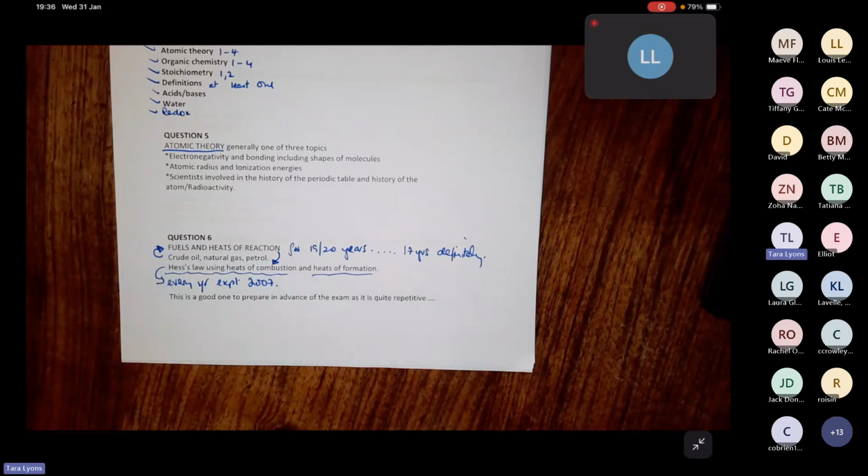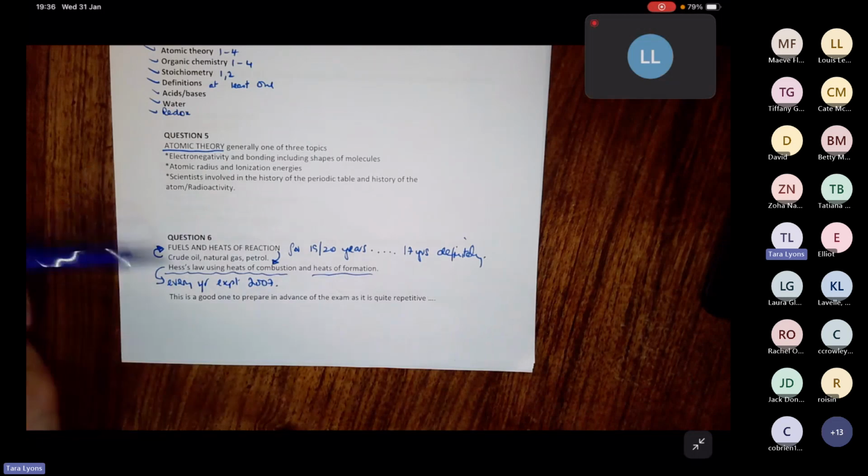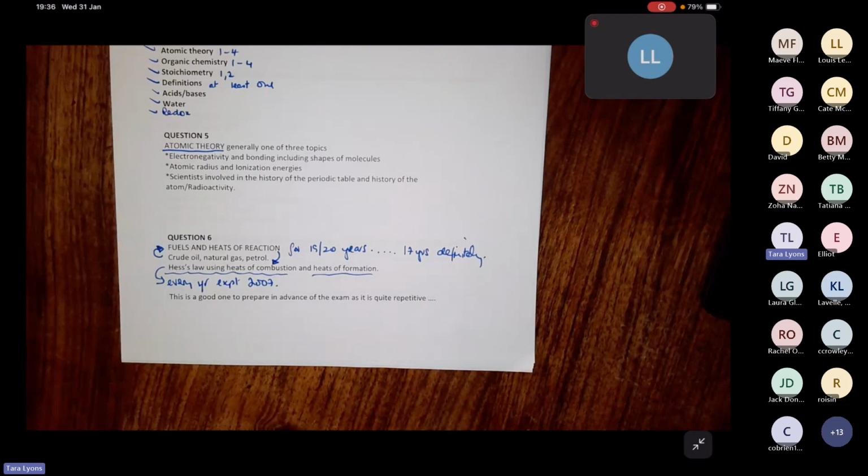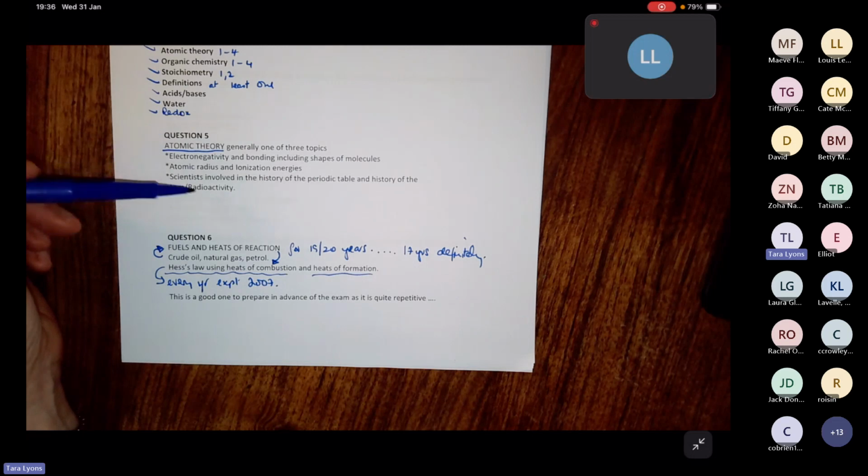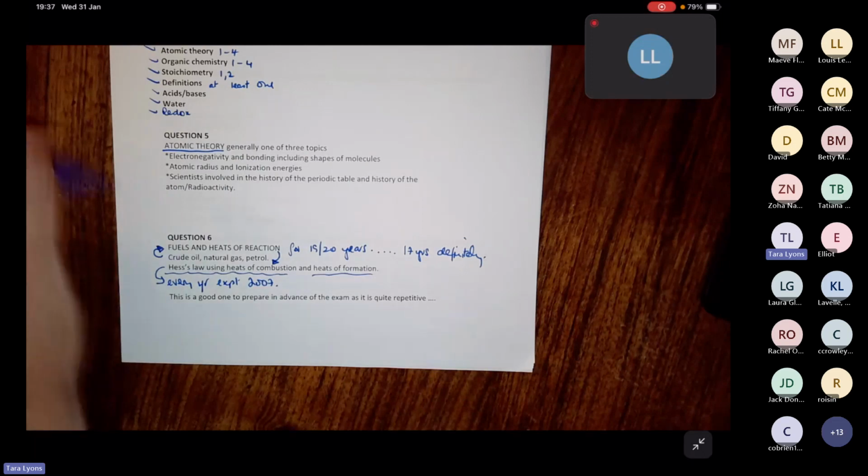In the notes that I give my students, they can get the whole of question 6 by studying just 5 pages of foolscap. Whereas to prepare for question 5, they have 10 handouts, sorry, 11, because it's including shapes of molecules.